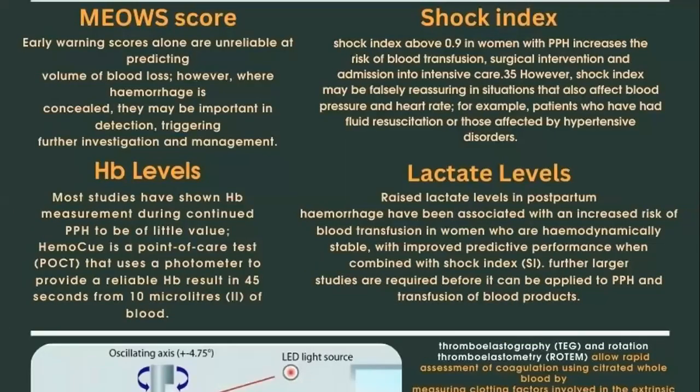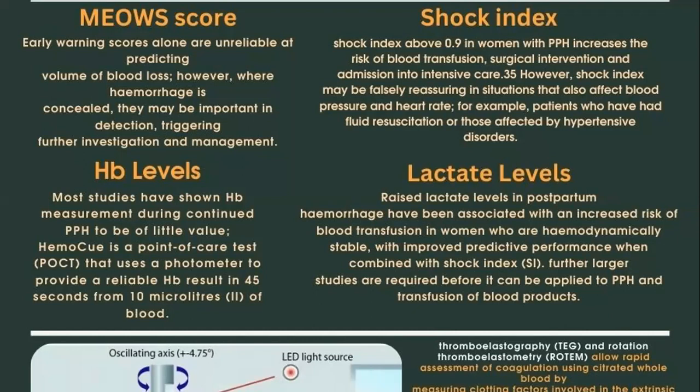The second one is the shock index. And the shock index itself is not going to tell you if your patient is having blood loss or not. However, we have discovered that when the shock index is above 0.9 in women with postpartum hemorrhage, this is going to increase the risk for blood transfusion, surgical intervention, and admission into the ICU.